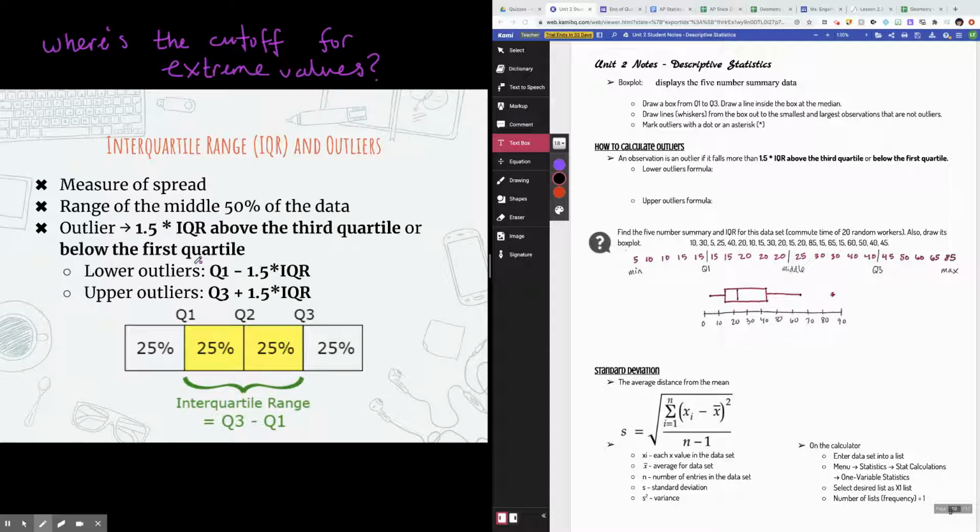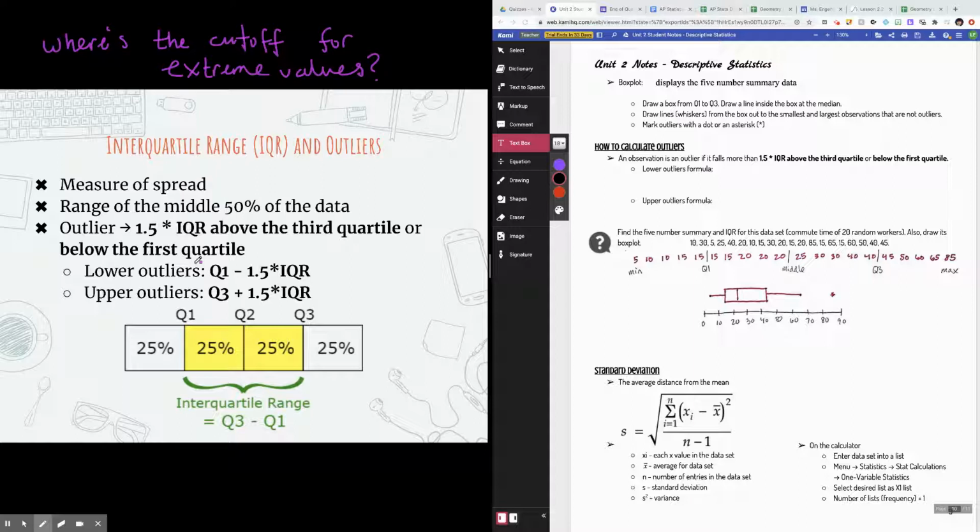Take the IQR, multiply it by 1.5 to give yourself enough room. Then add that value to the upper quartile to get your upper cutoff value. And then subtract that number from your lower quartile to figure out your low cutoff value.